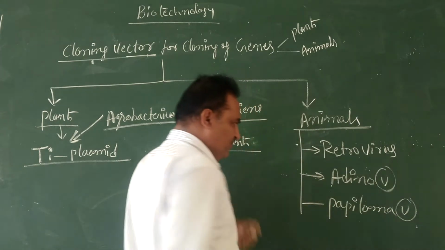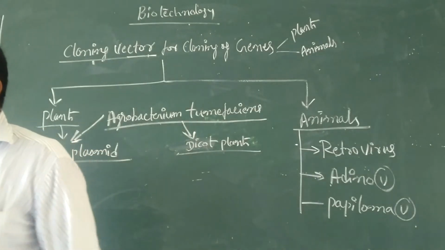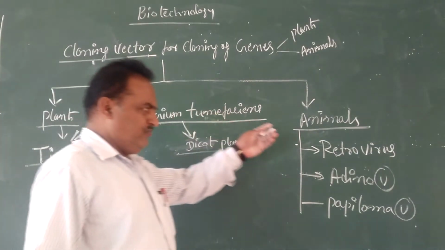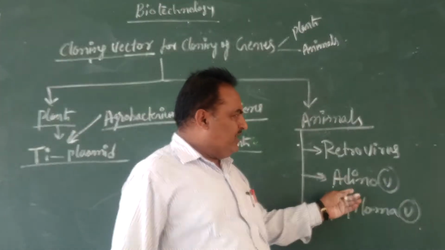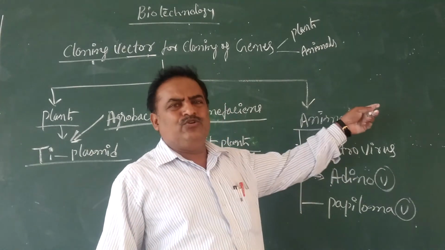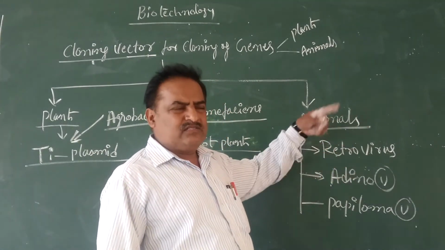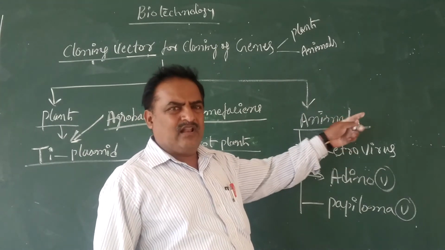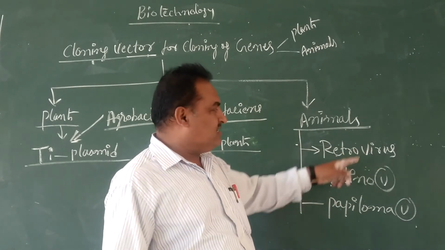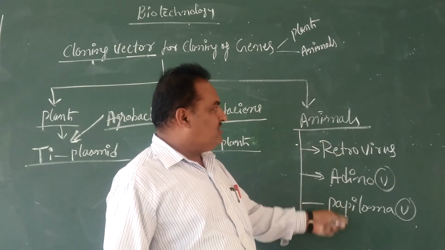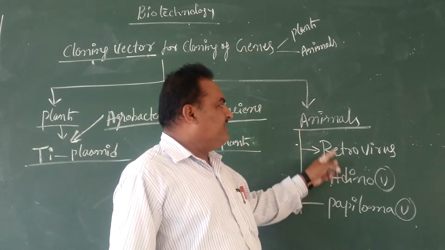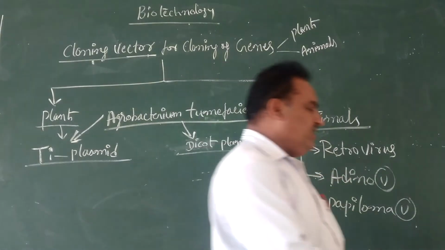Usually these viruses can transform a normal cell into a tumor cell, a cancerous cell, a myeloma cell. These viruses act as cloning vectors in the case of animal gene cloning.